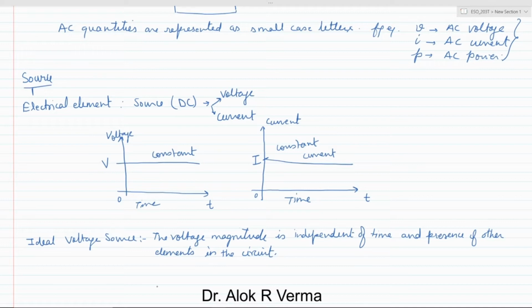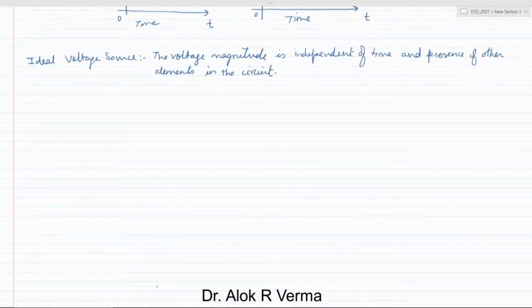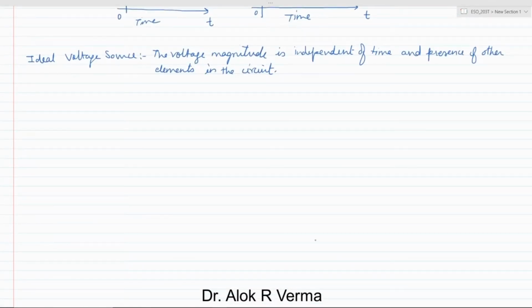So this line is very important. Why? Because it is saying that the magnitude is independent of time and presence of any other element of the circuit. So basically we are having an idea of dependent and independent sources. For the time being, let us assume the voltage source we are talking about.